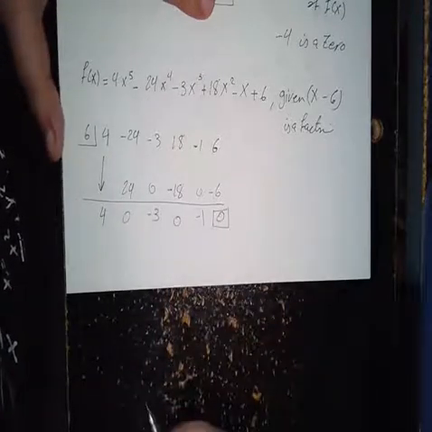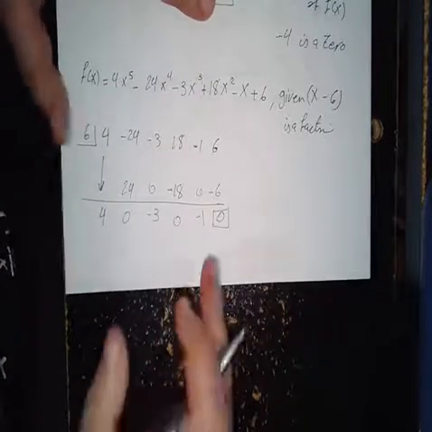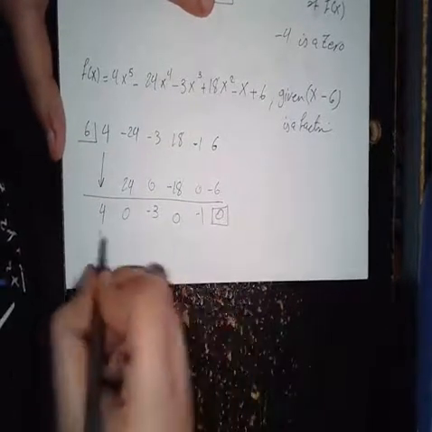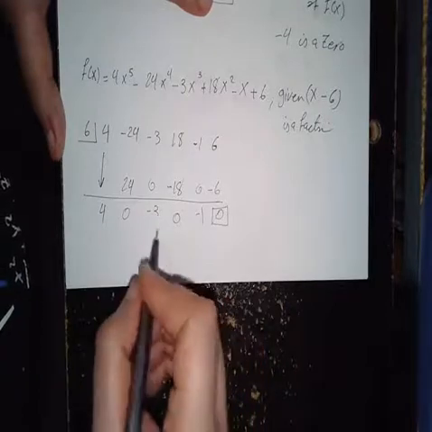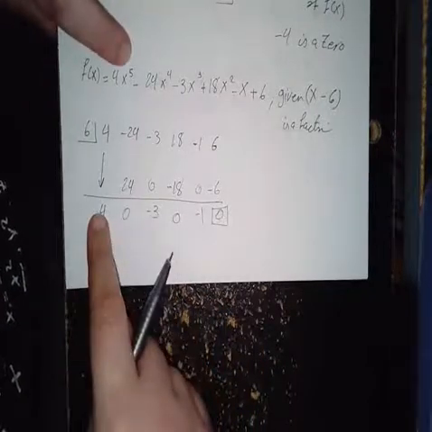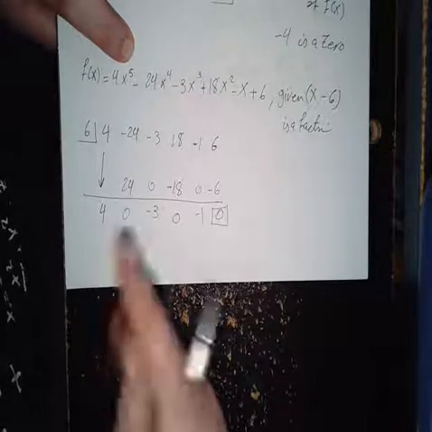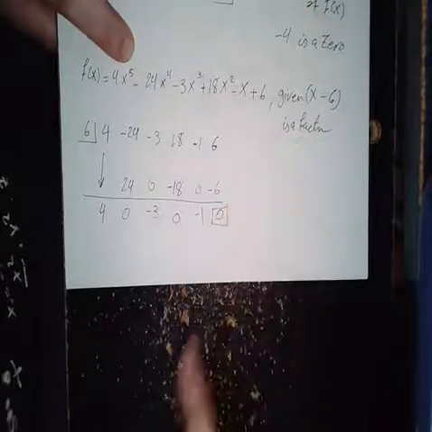So they were right. X minus 6 is a factor because it gave me the remainder 0, right? Now I need to figure out what my function looks like. So let's do it from the left side. It started as a 5th degree. That means after you're done dividing, it's going to be a 4th degree because we already factored one of them out.